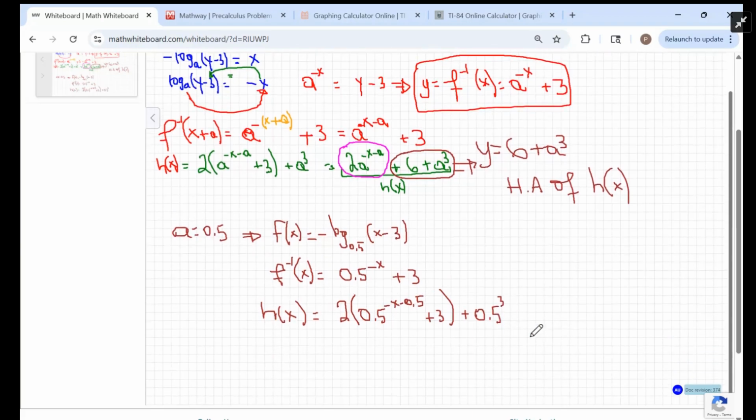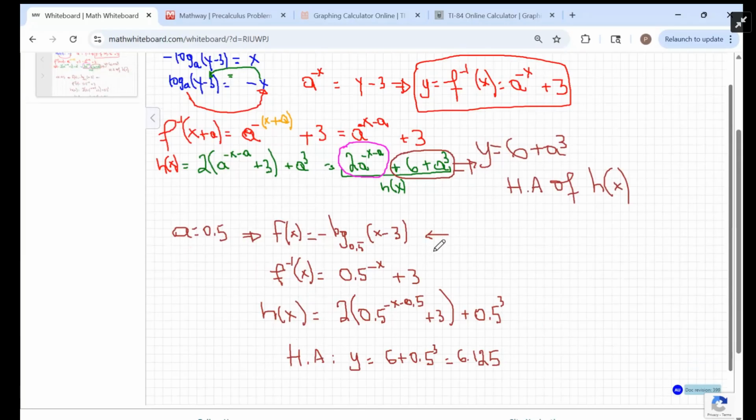And if our math is correct, the horizontal asymptote better be y equals 6 plus 0.5 cubed, or 6.125.